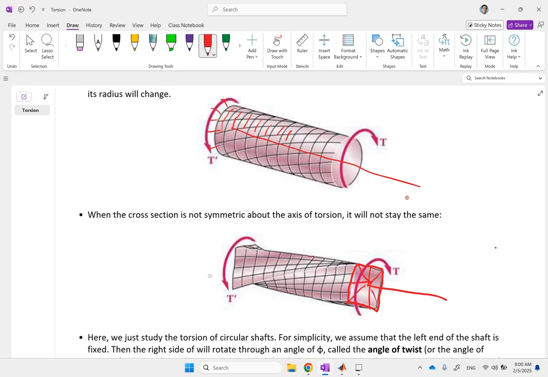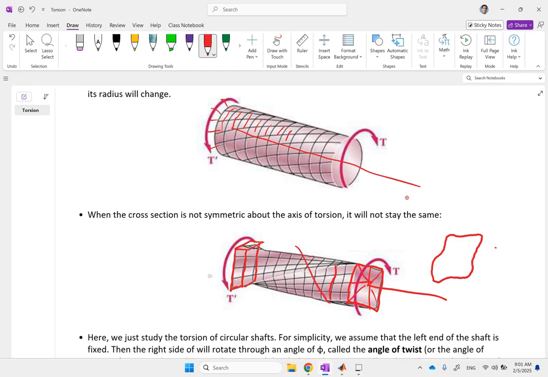In this case, if you break down this bar into a bunch of smaller, basically rectangular cubes, then you're going to see that their shapes are going to be distorted. You can see that the straight lines will not stay straight, they start curving, and you're going to see cross sections like this, something like that, as opposed to the square, and they're going to deform.